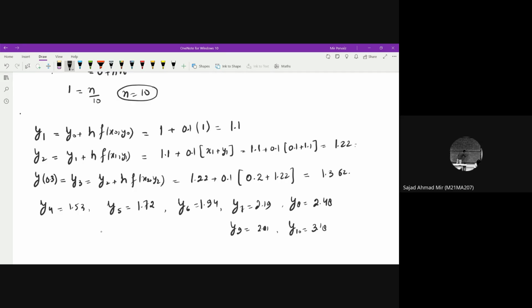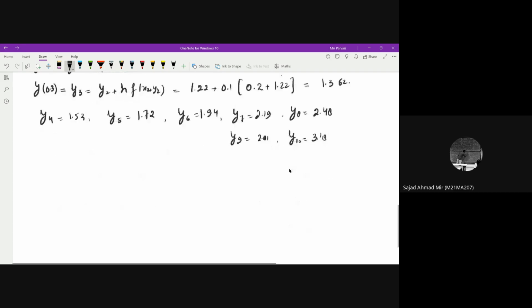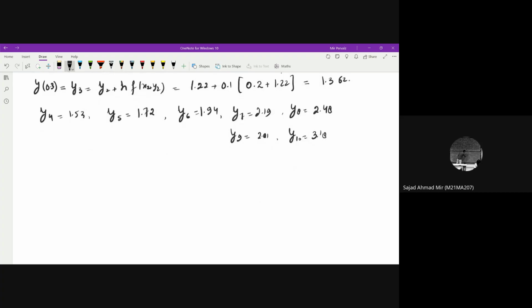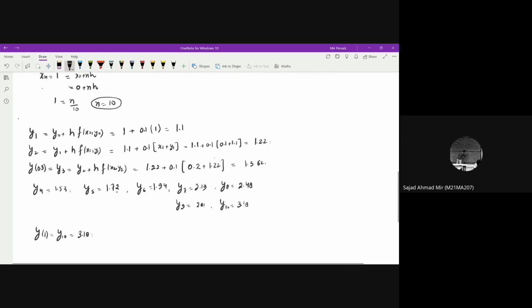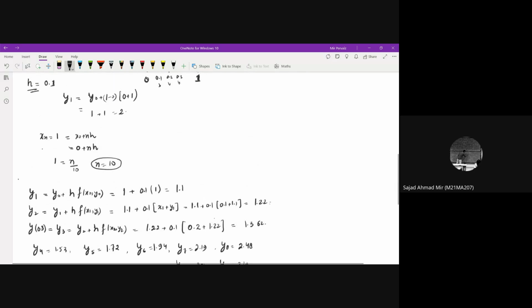So your value at 1, which is your y10, that is 3.18. So this is with the Euler's method when you are taking the step length h as 0.1.